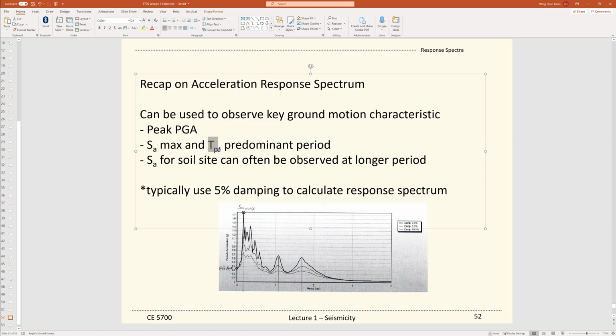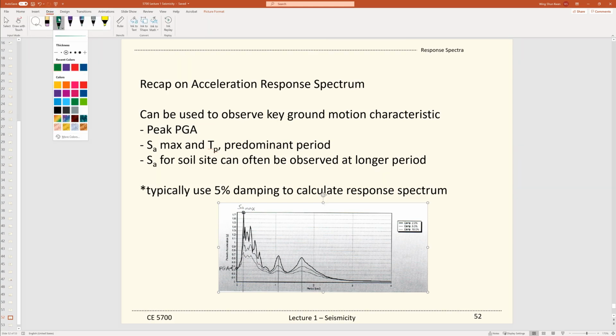This is very important. This is your maximum response, and this is your predominant period right there. In your design, you want to stay away from this lateral period. This is your T sub P.